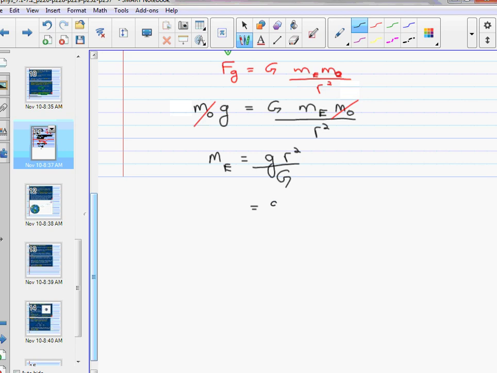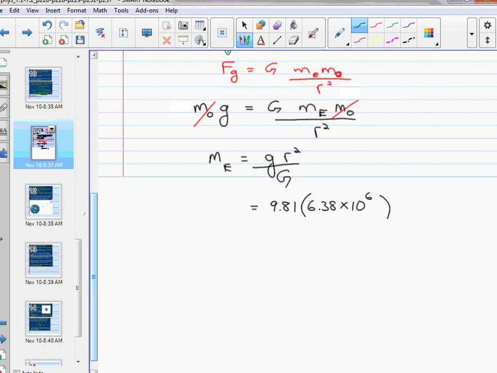Well, we know gravity, 9.81. The radius of the Earth, why don't you look in the back of the book, I think inside the back cover, they have some constants back there. Yeah. Left side, maybe, somewhere. 6.38 times 10 to the 6 meters. Yeah.